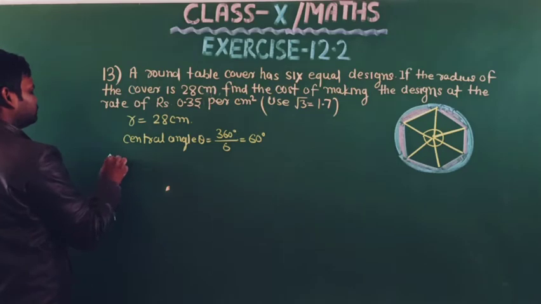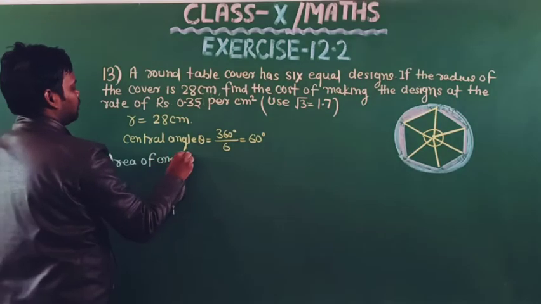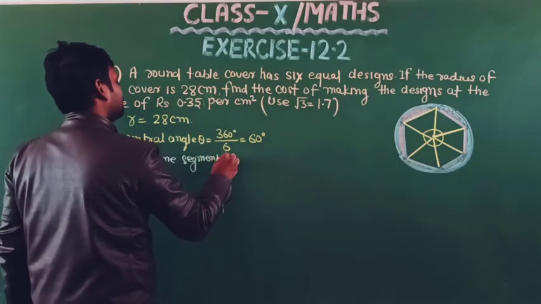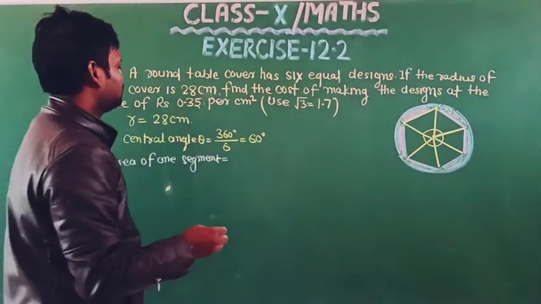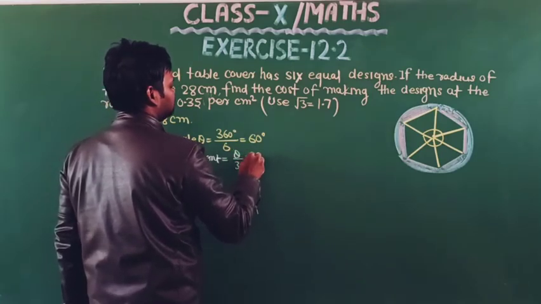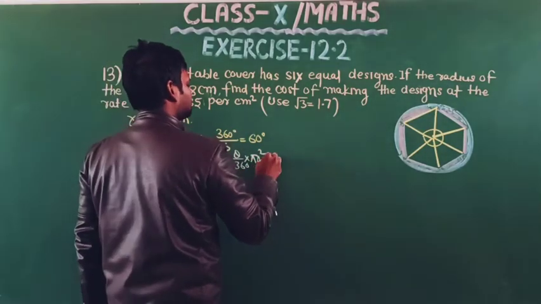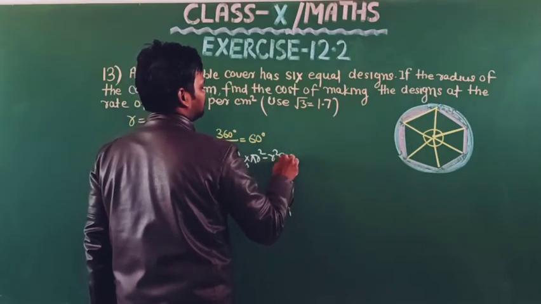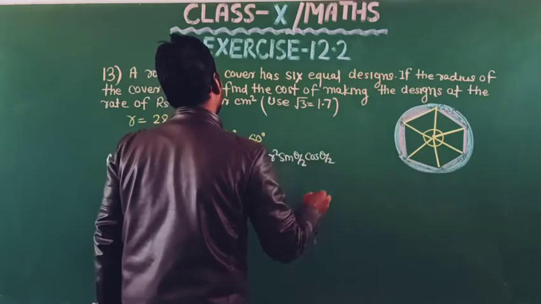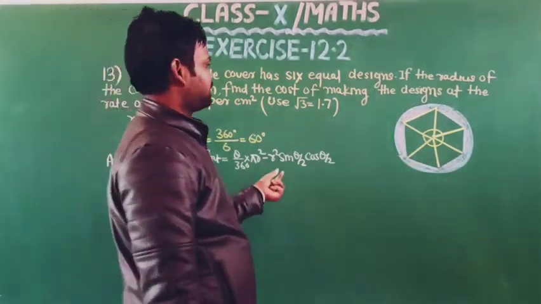Area of one segment equals theta upon 360 into pi r square, minus r square sin theta by 2 into cos theta by 2. This is the formula for finding the area of a segment.